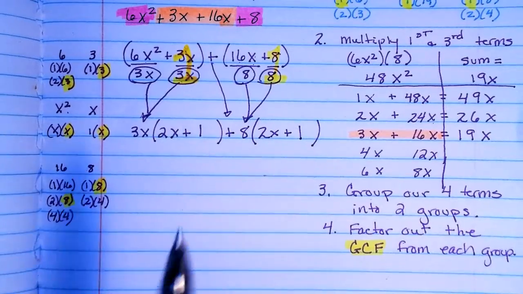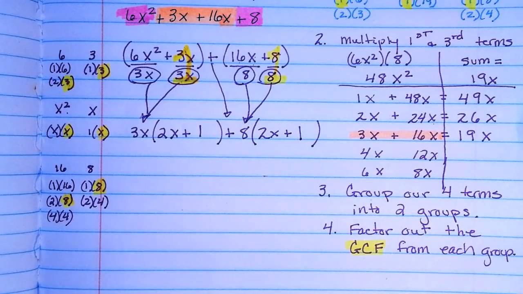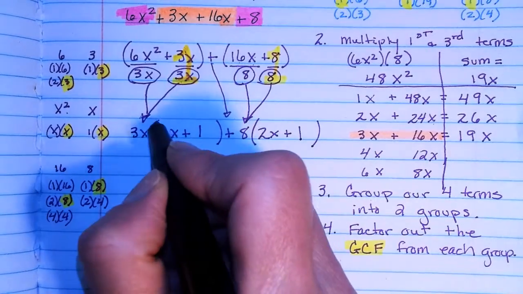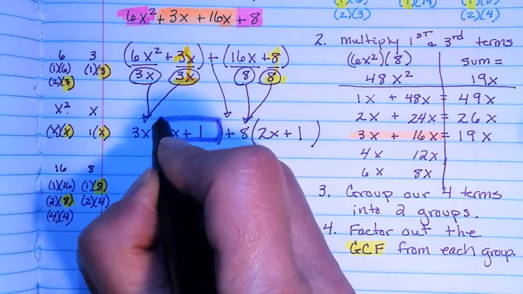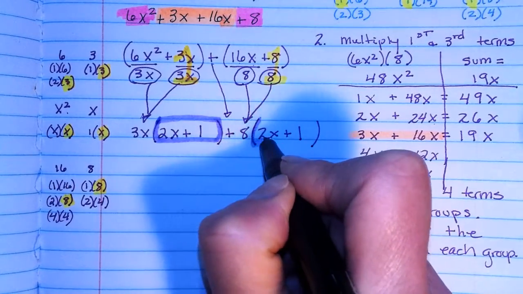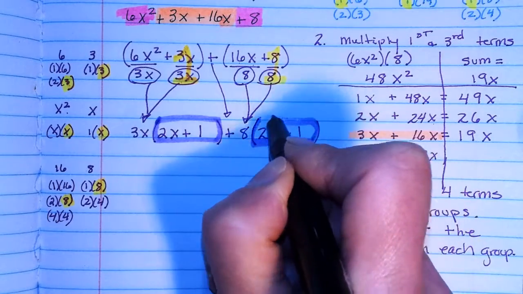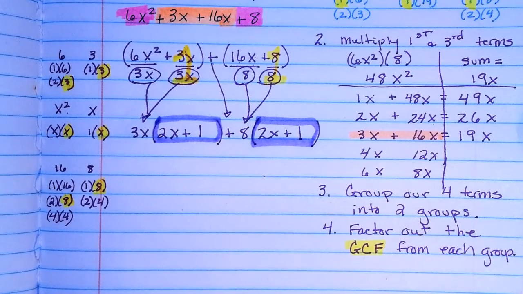I look at these two and I think, what do they have in common? Well, the thing that they share is this right here. They're sharing this 2x plus 1. That is a common factor.